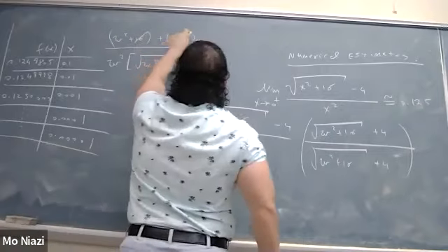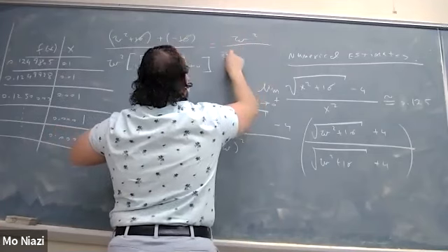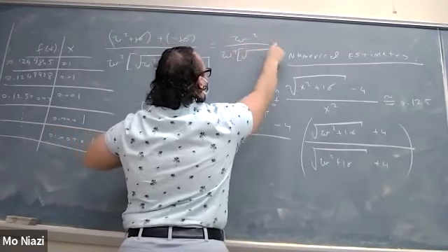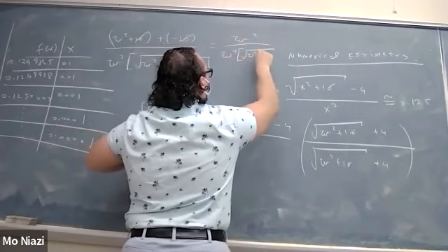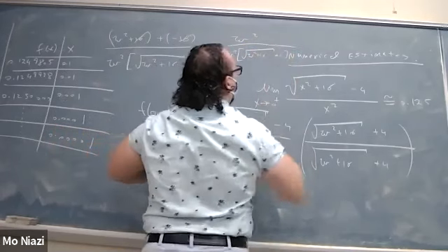Notice that these quantities cancel, so you get an omega squared times the square root of omega squared plus 16 plus a 4 over here.